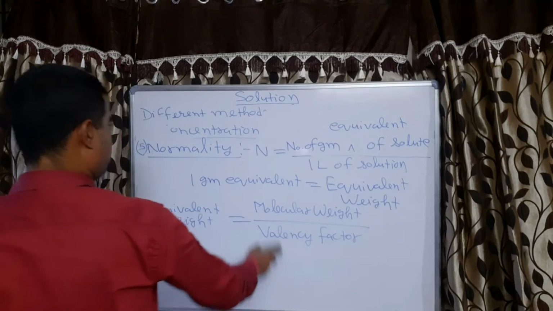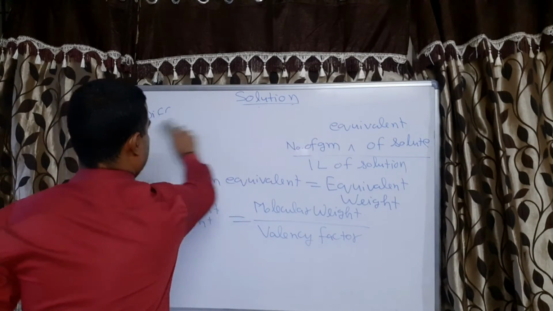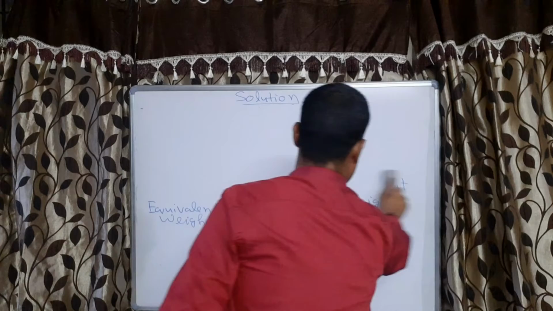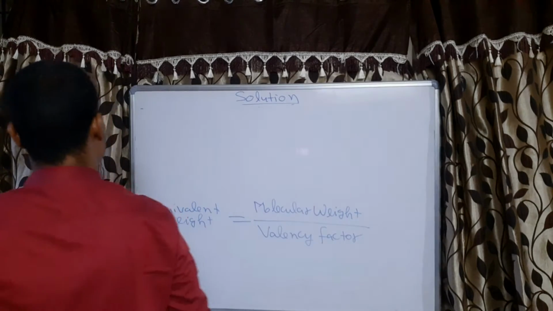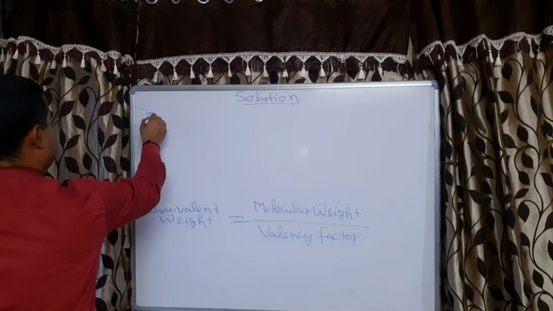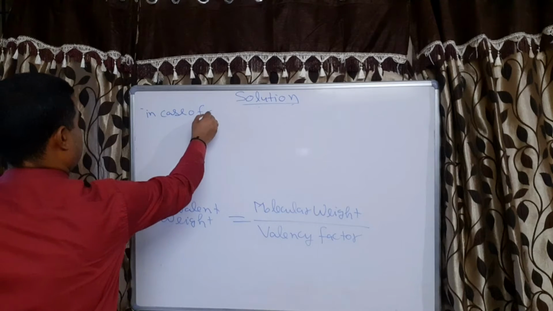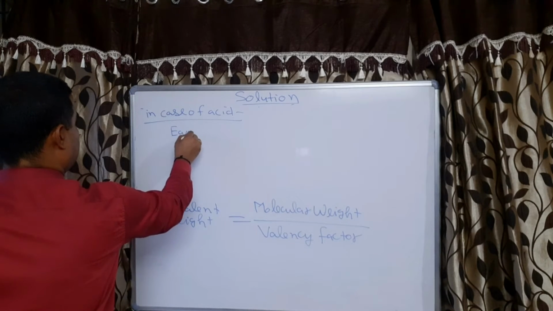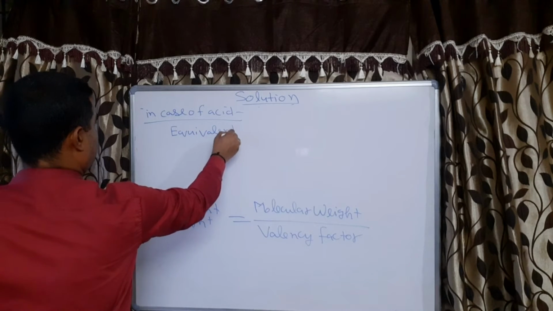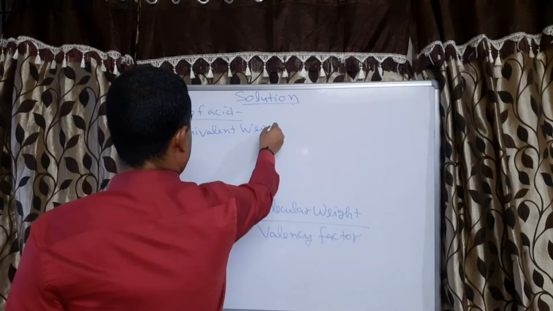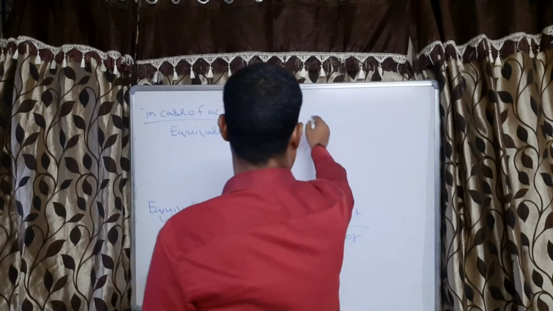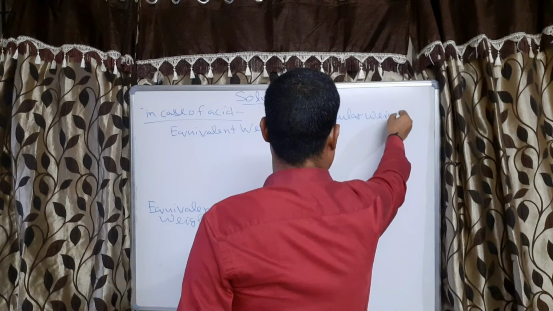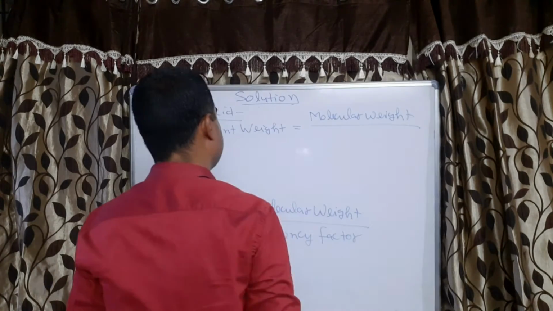Now, what is the valency factor? Okay. In case of acid, equivalent weight equal to molecular weight divided by basicity.